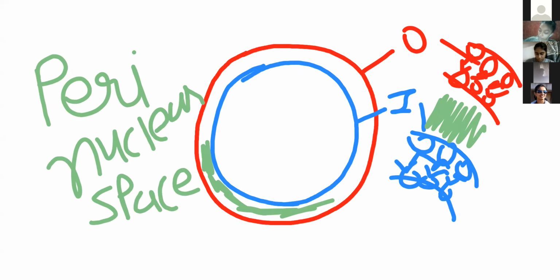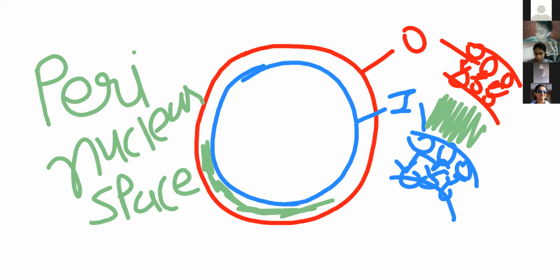Again, one more time: the first structure of nucleus is the nuclear envelope, a double membrane structure, with an outer membrane and an inner membrane. Between them, a space is there. That space we call the perinuclear space.